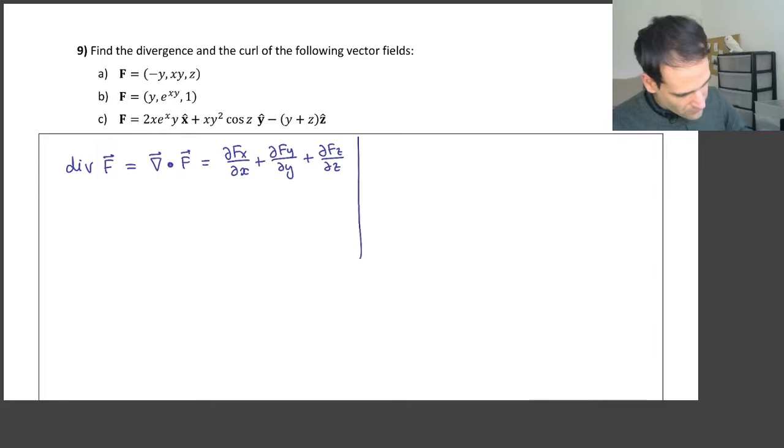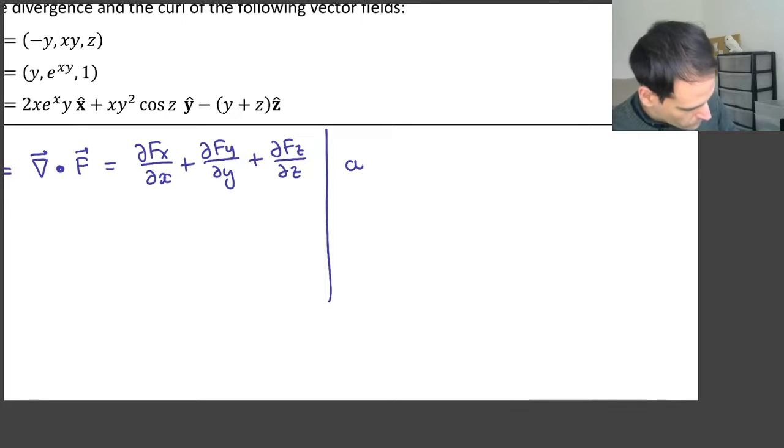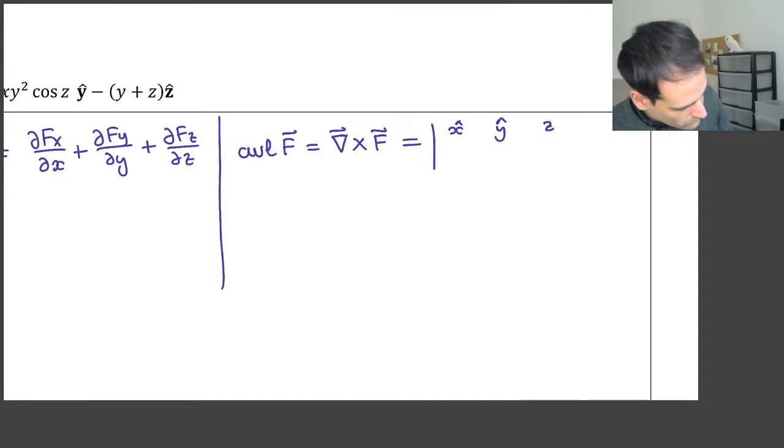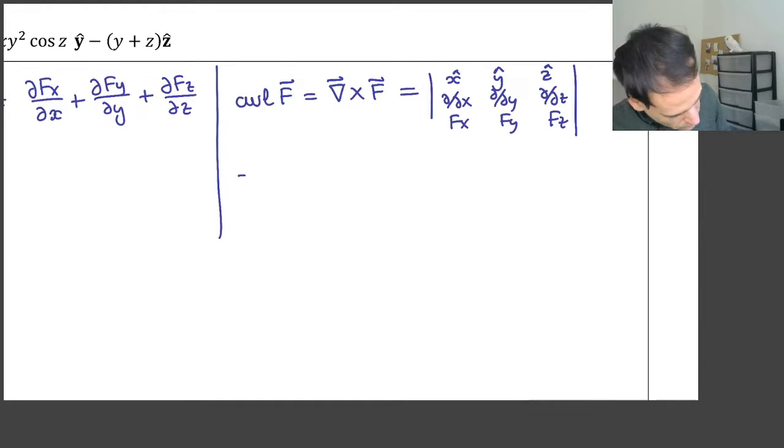On the other hand, the curl of f is given by the cross product between the nabla operator and f, which is given by this determinant. Which I will copy here because we will be using it.